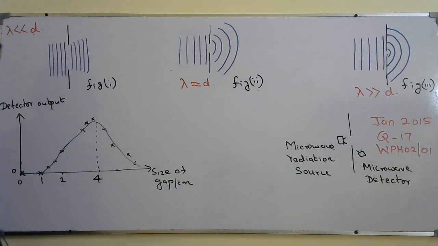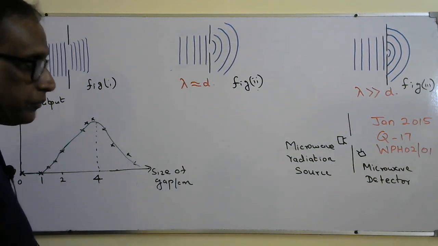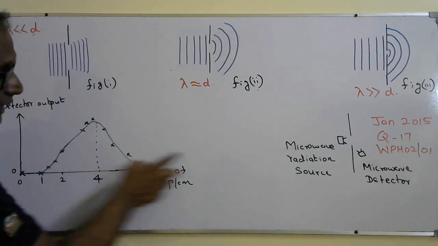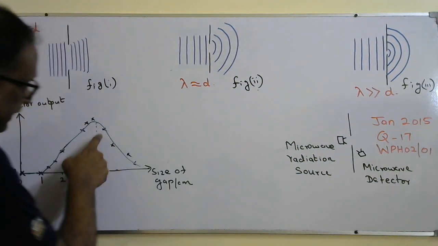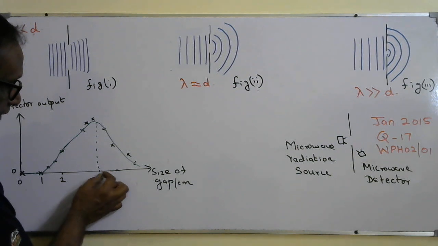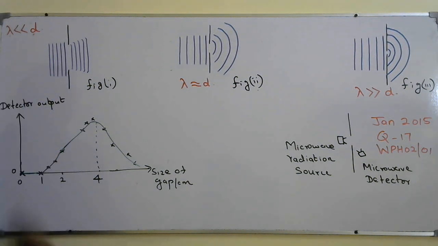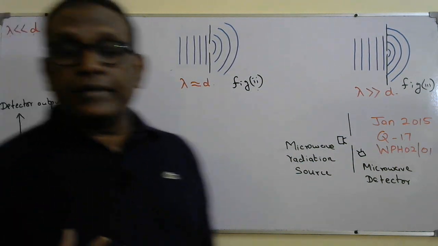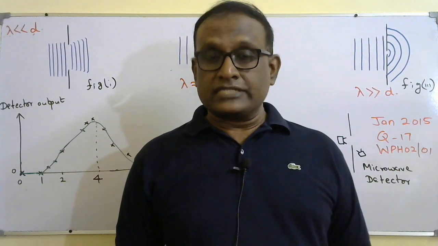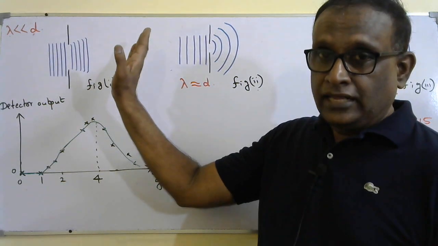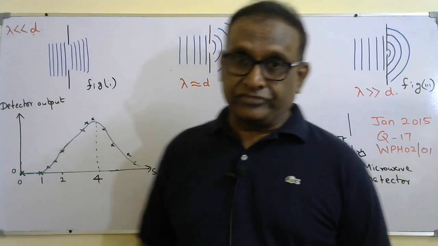Then the last mark, for 4 marks, I already told 3 points. The 4th point is about this region: why the reading of the microwave detector is decreasing when the size of the gap is increased beyond 4 centimeter. That is related to this diagram. When the size of the gap increases further beyond 4 centimeter, most of the microwave will pass through the slit with less diffraction.